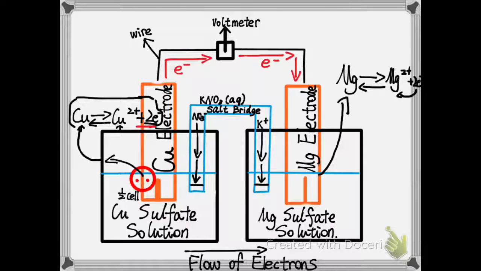At this time, when the negative electrons start to flow this way and pass the voltmeter, that is the time that the Voltaic cell starts to work. And the voltmeter shows how many electrons flew by it, which means how many electrons it provides.